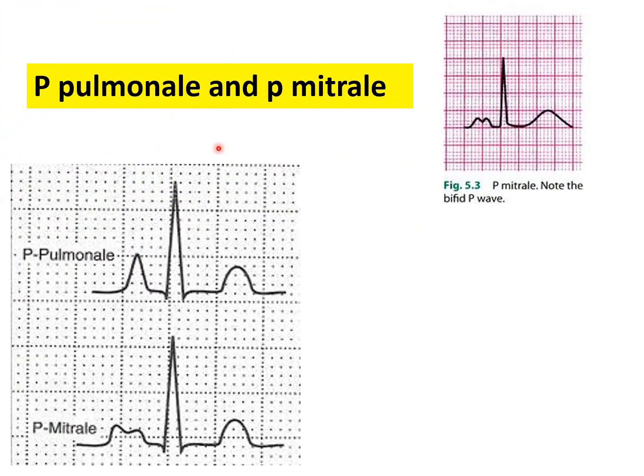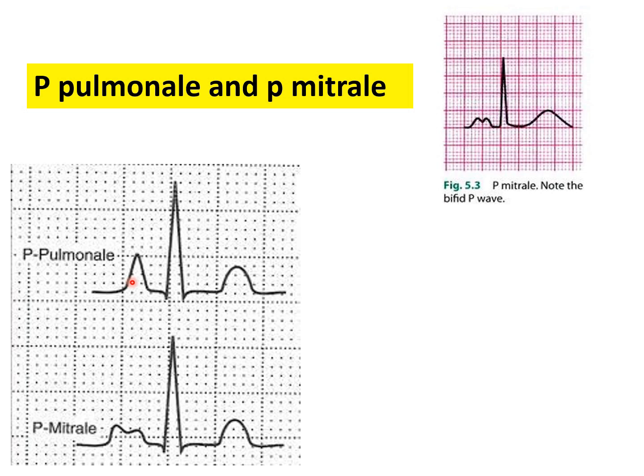So here, in case of abnormal P waves, two conditions you have to remember: P pulmonale and P mitrale. In P pulmonale, what is happening exactly? P pulmonale is an abnormally tall P wave. We learned that a single small square, that is 1 millimeter, is the normal amplitude, isn't it?